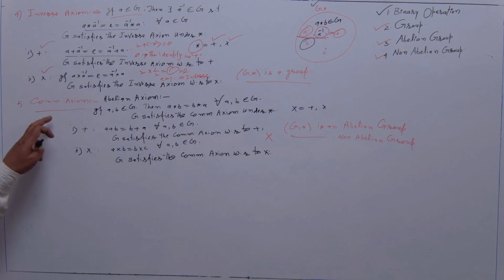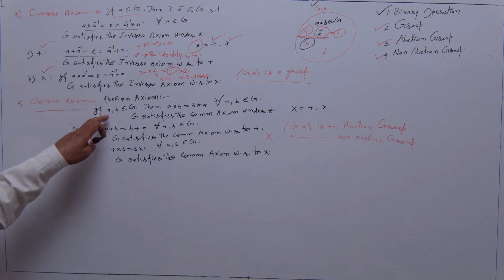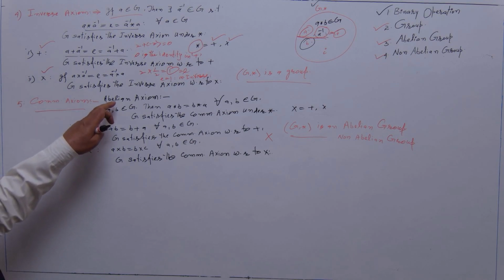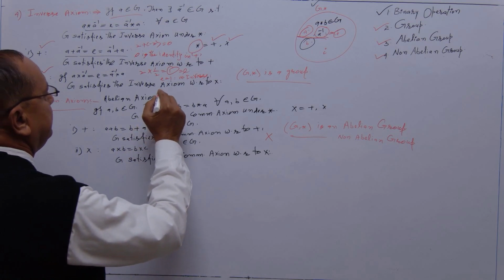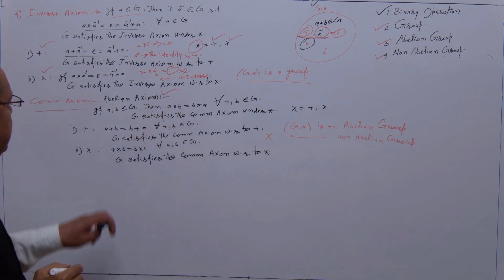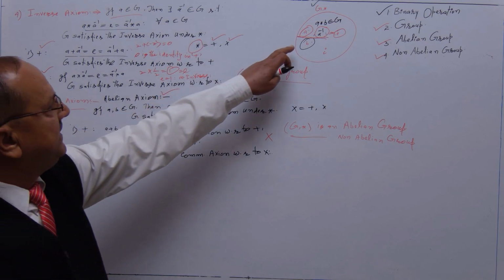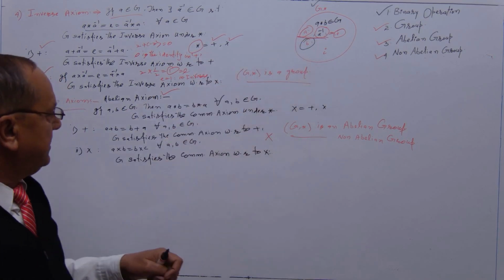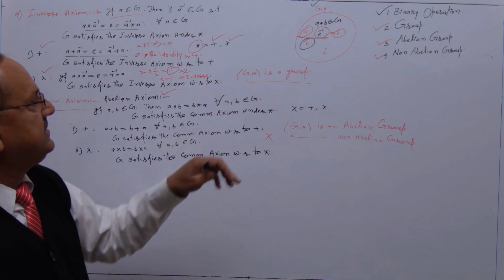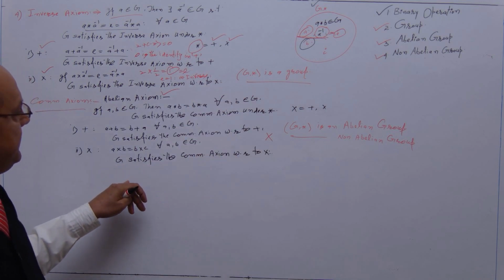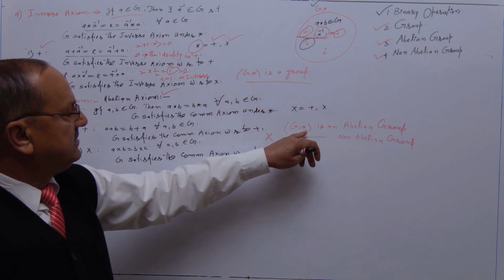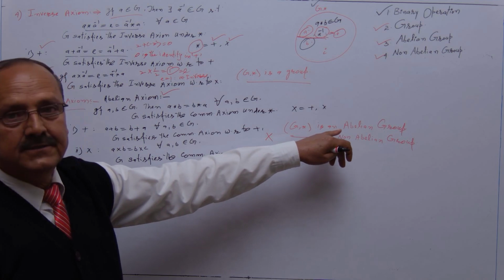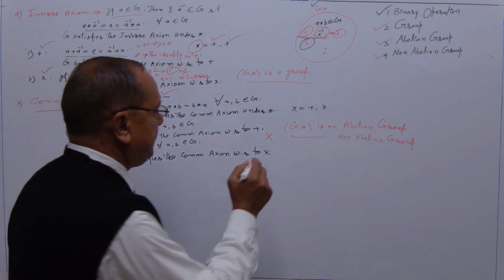So finally, the commutative axiom, or you can say it is called the Abelian axiom. If A, B are two elements belonging to set G, then A star B must be equal to B star A. If this axiom is satisfied, the given set G under star is called an Abelian group.